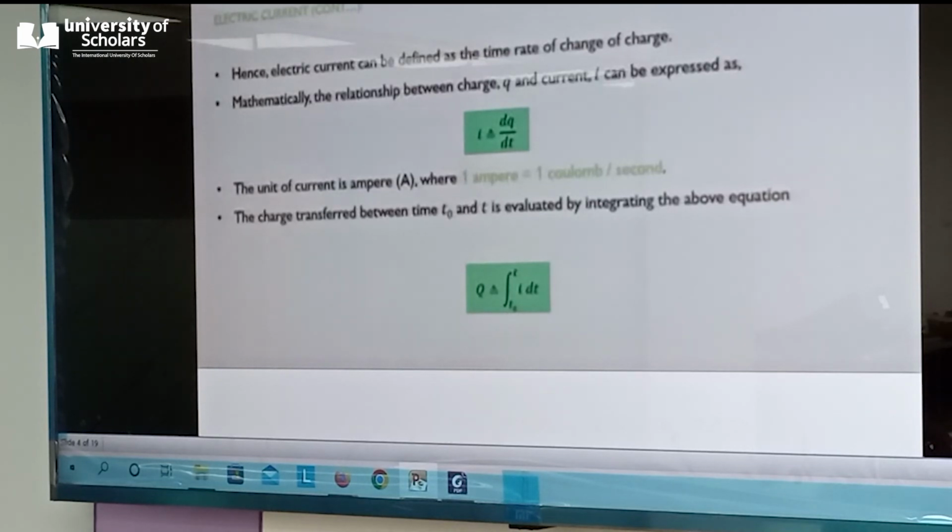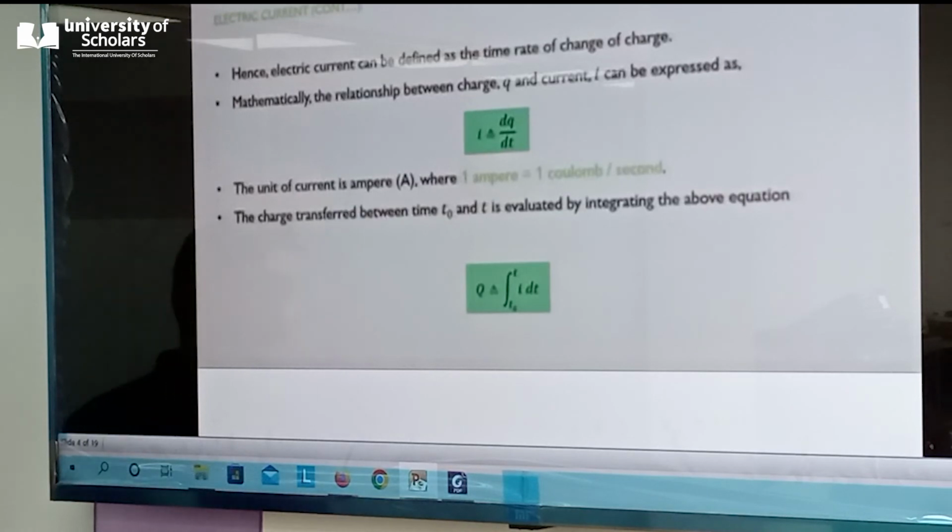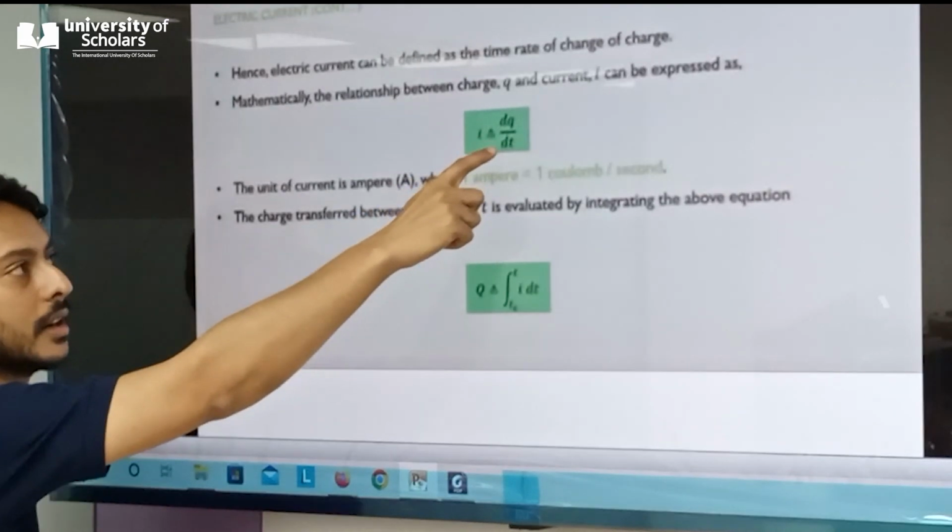So if now you are asked to find how much charge is transferred between time t0 and time t through a particular surface, you can simply evaluate it by this formula. How? Since we know that current is dq by dt, the rate of change of charge is current, right?